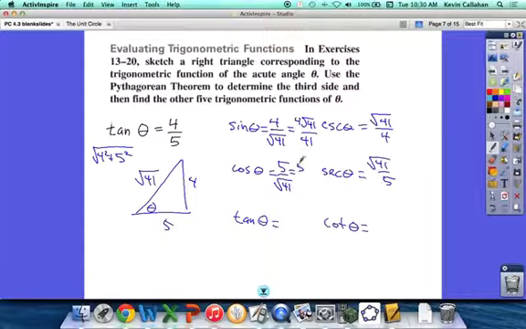And this will be 5 root 41 over 41. And then the tangent is given, 4/5. The cotangent is 5/4. Any questions?